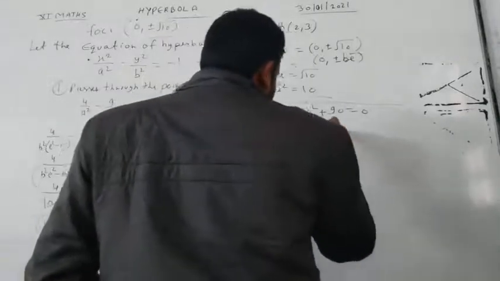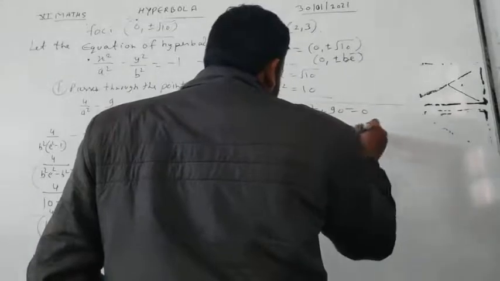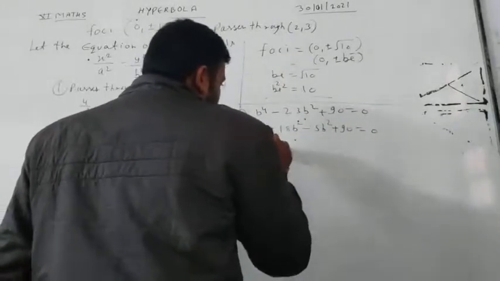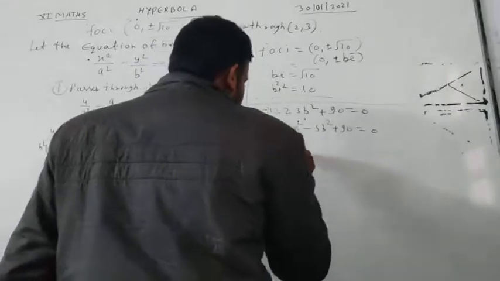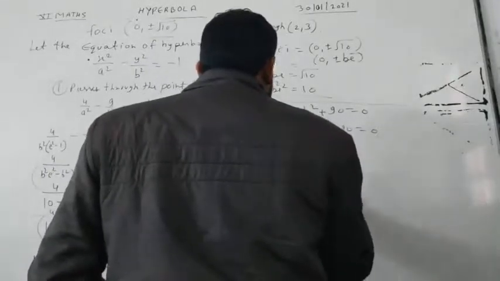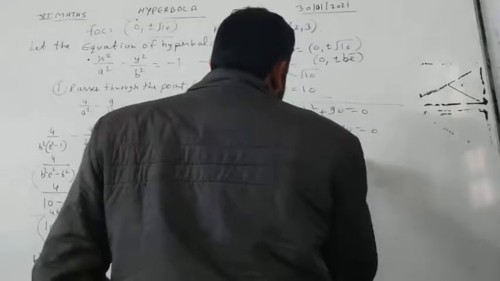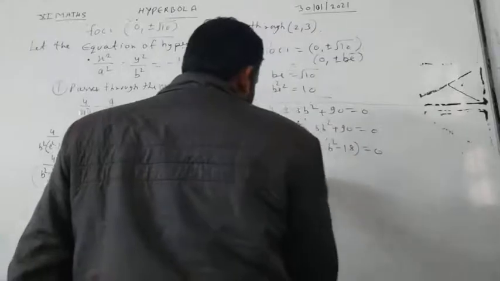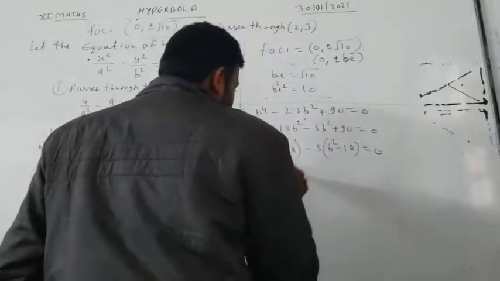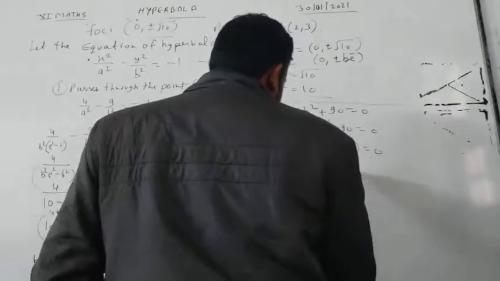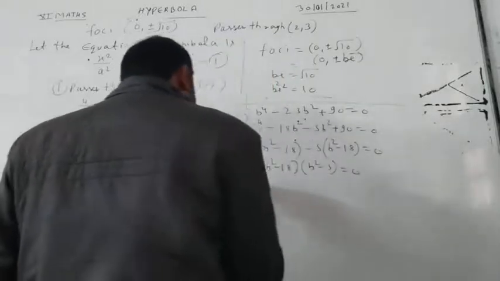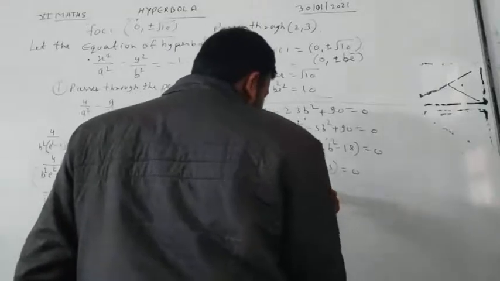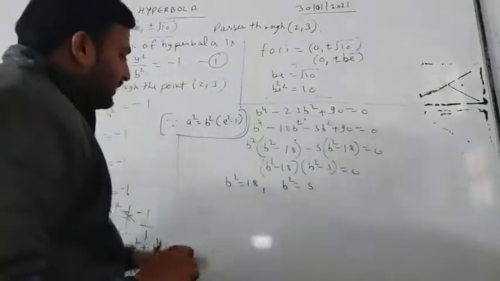When we split the middle term and take common, we get (b square minus 18) and (b square minus 5) is equal to 0. So, students, b square is 18 and b square is 5.